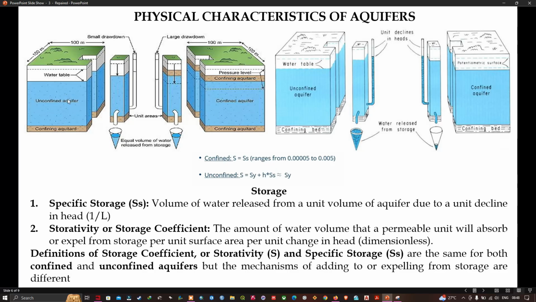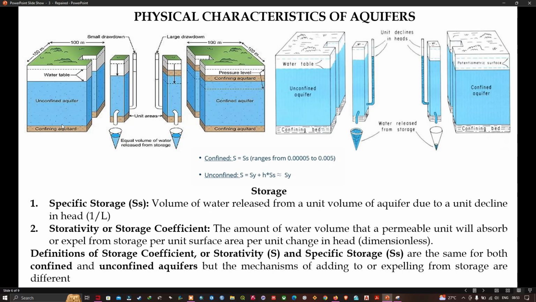Let's imagine that we move the aquifer upward, and the amount of water that will be drained by gravity is much higher than if we move the confined aquifer.